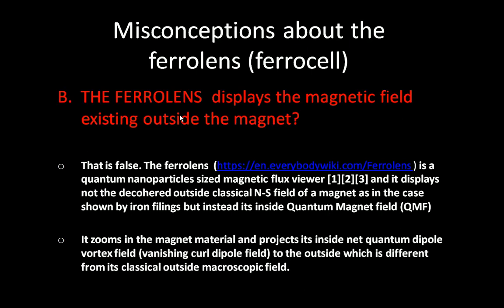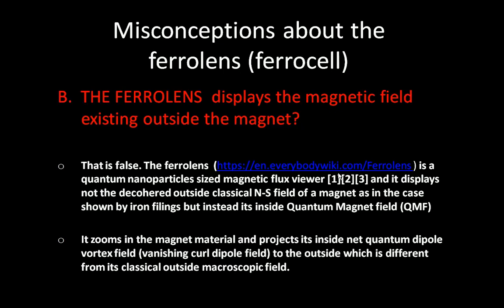The real source of the confusion comes from the next misconception, which says here, the ferrolens displays the magnetic field existing outside a magnet. So it is natural to get confused, because you think that what you see on the ferrolens is actually the outside field of a magnet, but it's not. This statement is false. The ferrolens is a quantum nanoparticle-sized magnetic flux viewer, and I have made 3 publications on this matter.